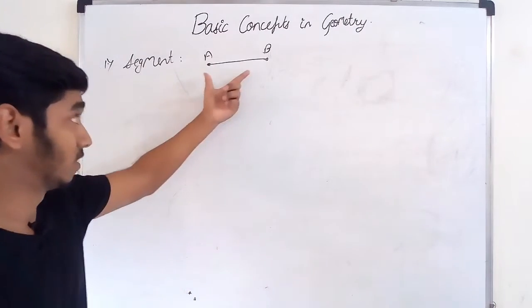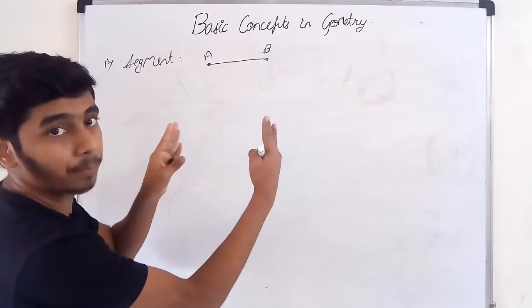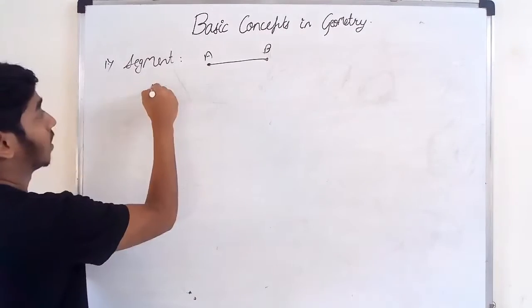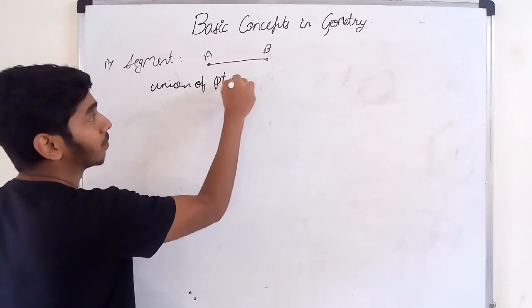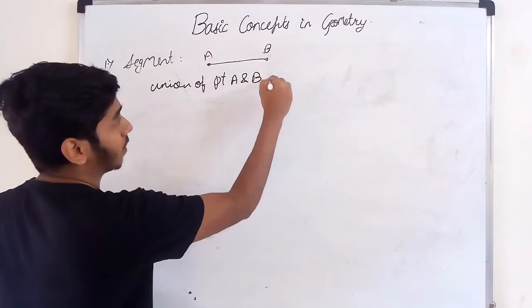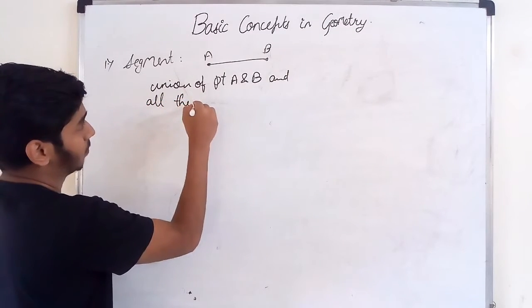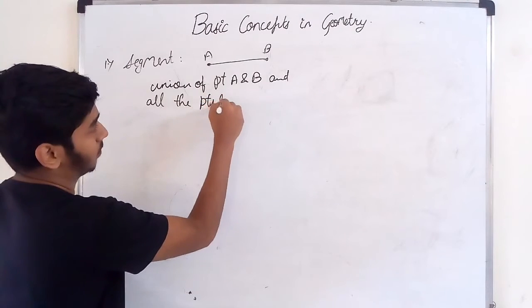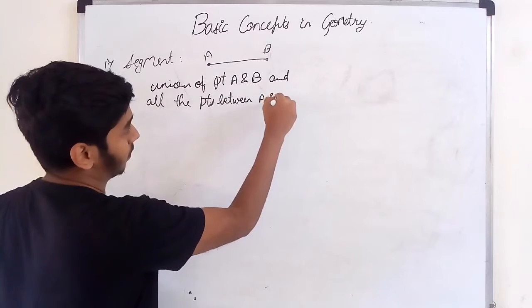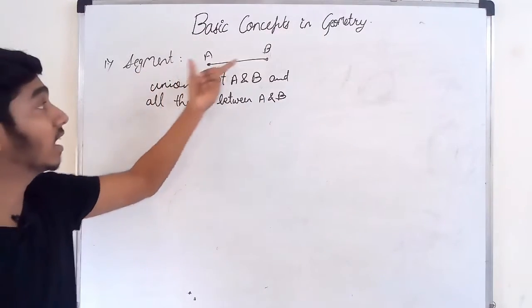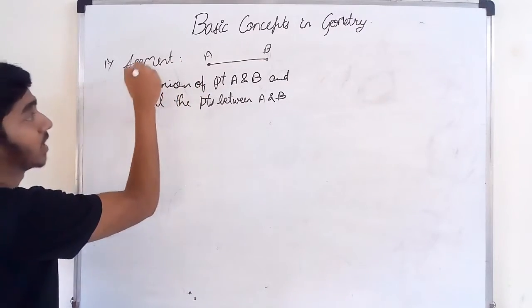Here, point A and point B are the two extreme points of this segment. We are discussing segment AB.